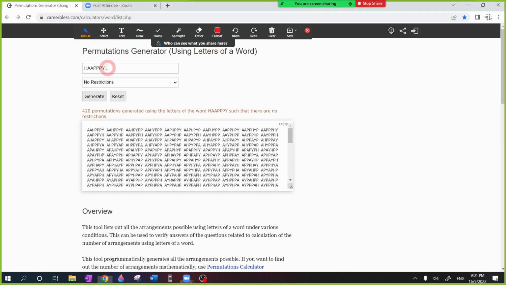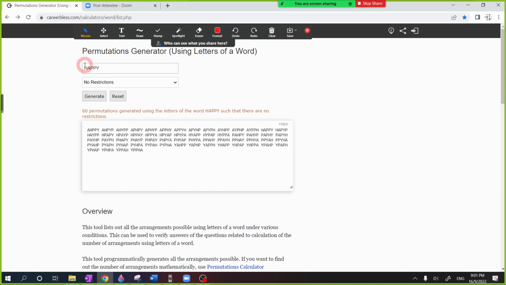Okay, let me change the word, go back to HAPPY. Let's try some other situation. Let's say the question wants us to arrange all the consonants, which need to be together.